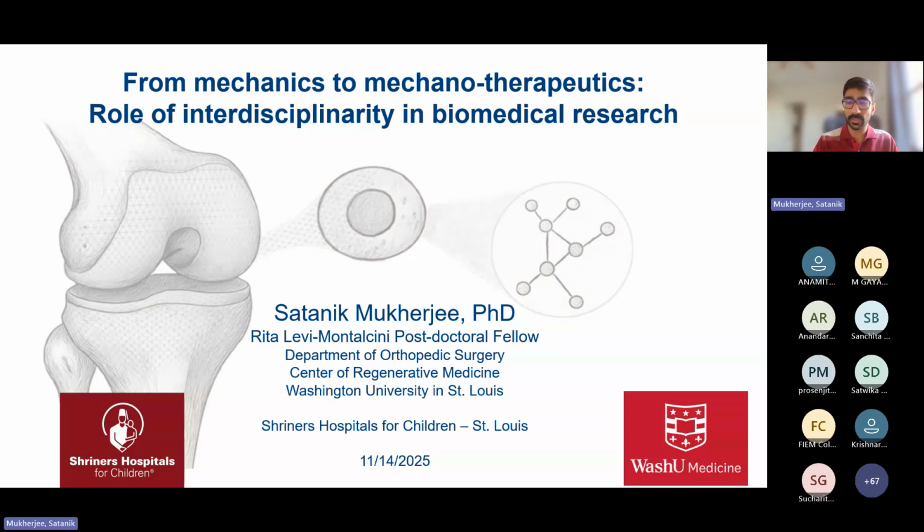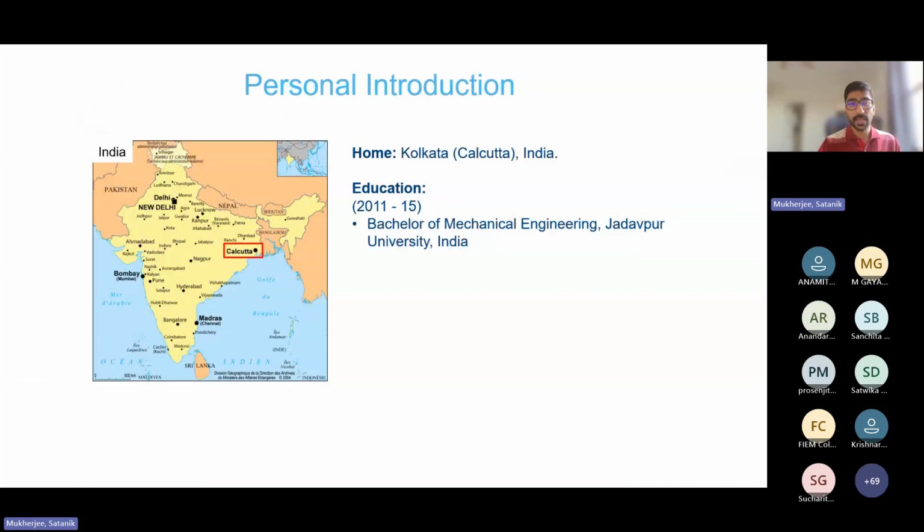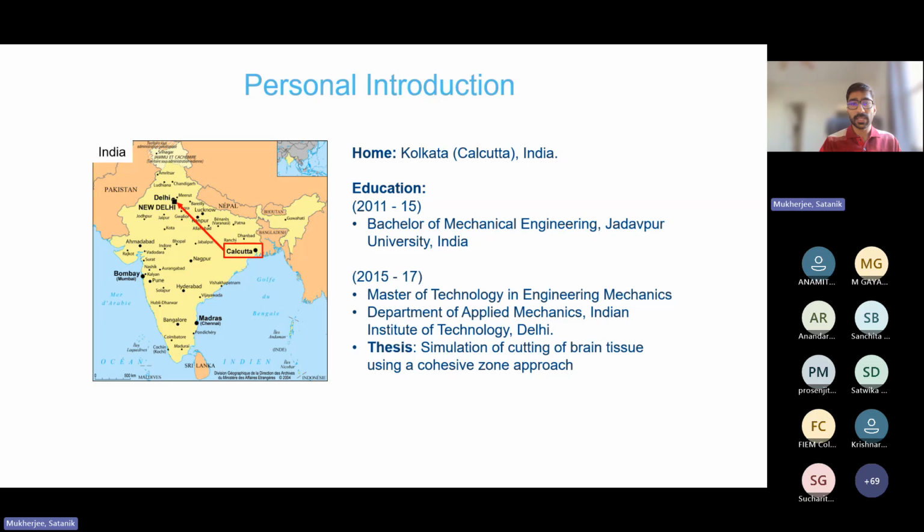Before I delve deeper, I wanted to give you a very short introduction about myself. Dr. Bose had already given a quite comprehensive one, but I wanted to show you the interdisciplinarity in my training that really helps in doing interdisciplinary research at the interface of mechanics and biology. I did my undergraduate in mechanical engineering at Jadavpur University, and subsequently moved to New Delhi for my master's in the Department of Applied Mechanics.